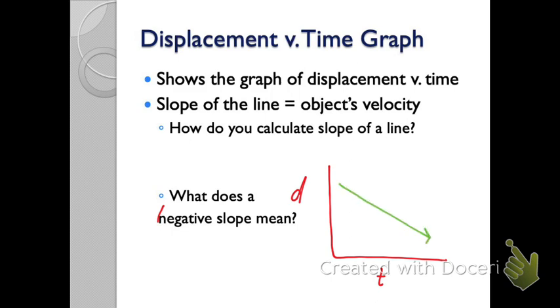It means we are going backwards or downward, whatever way your object is moving. So it doesn't mean we're moving so slow we're going negative velocity. It just means that we're moving in the backward direction. Negative velocity doesn't mean we're moving slower than 0. Negative velocity means that we are moving in the backward direction, so west or south.